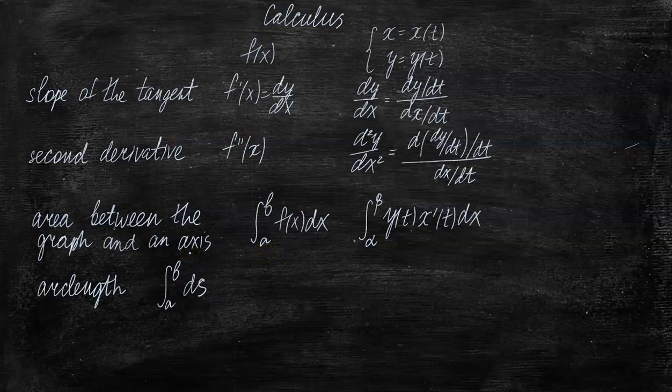In Cartesian calculus, we only needed to learn how to interpret ds as the square root of 1 plus the derivative of y with respect to x, squared, and we learned also how to interpret ds in parametric equations.